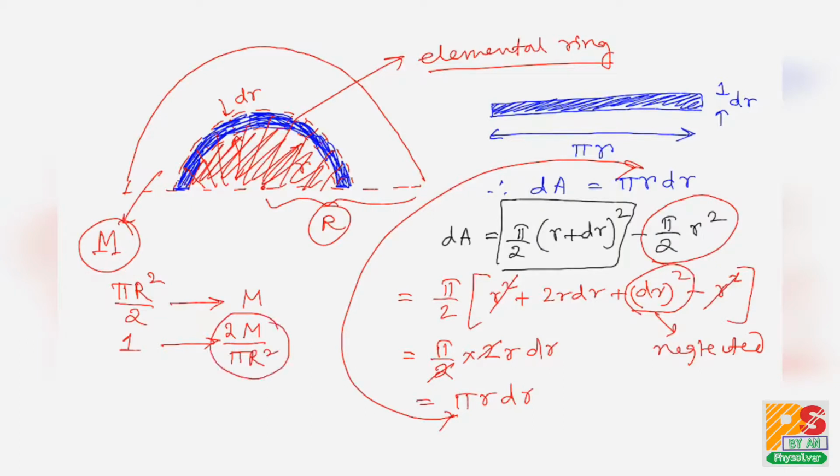This quantity is known as the areal mass density, which is mass per unit area. Now this is a constant quantity.